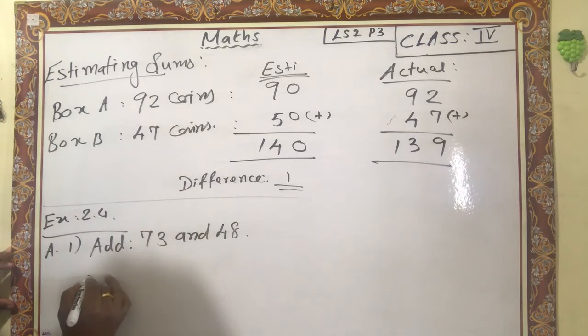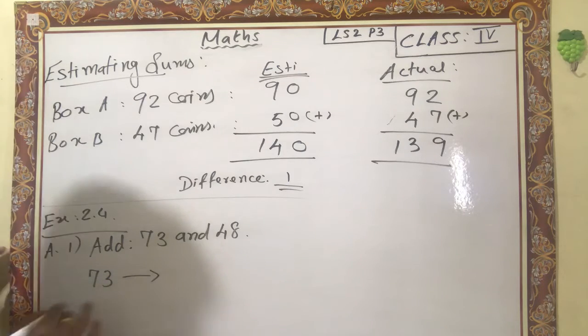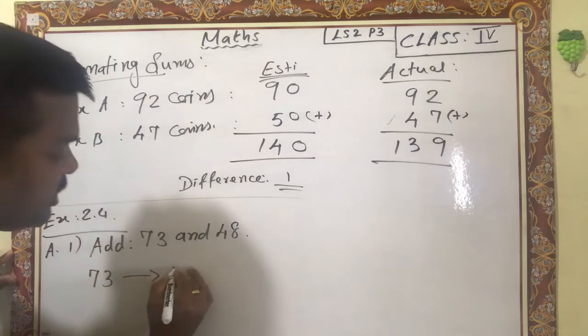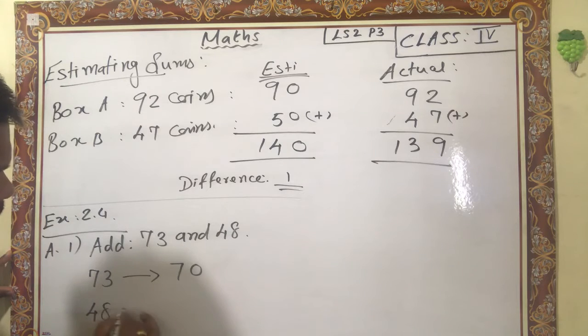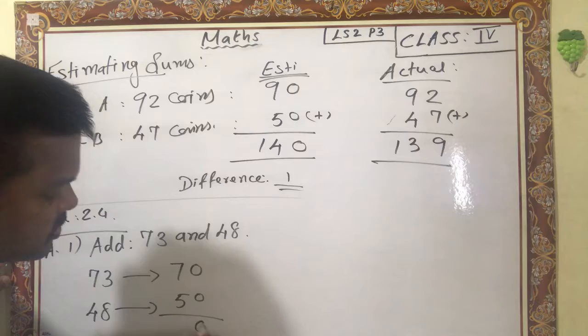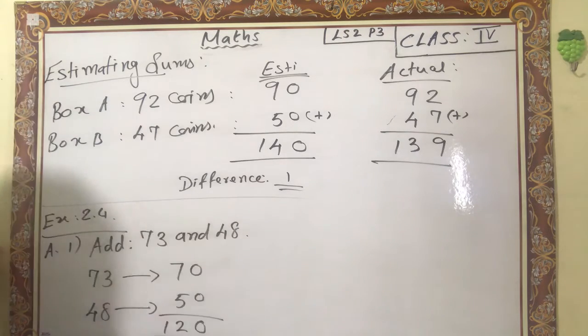73, no need to write nearest 10, simply you can put one arrow. 73, nearest 10 is 70. 48, nearest 10 is 50. Add 0. 7 plus 5, 12. 120.